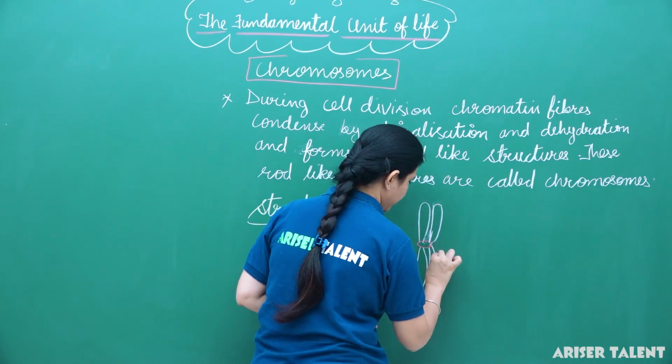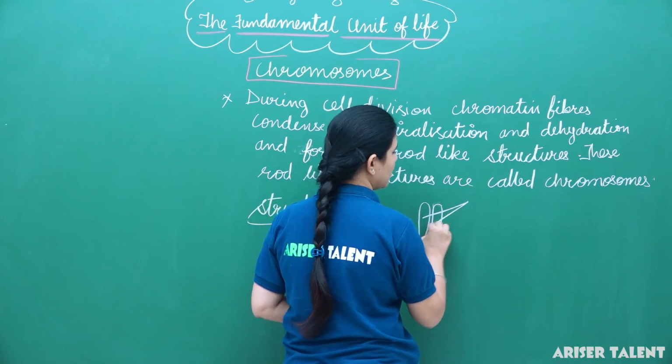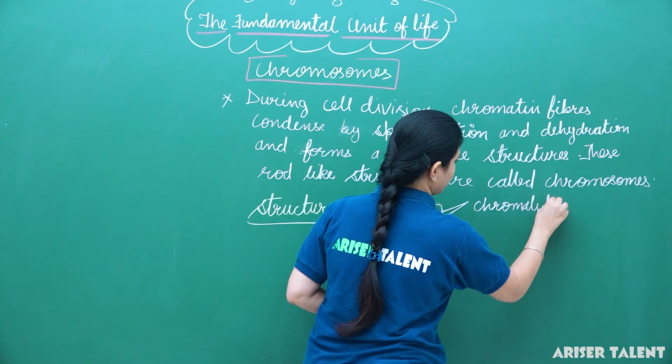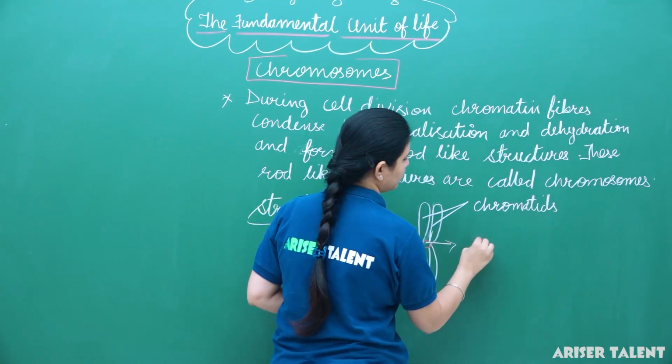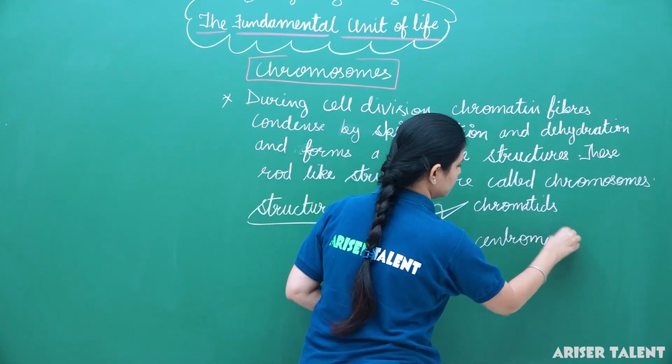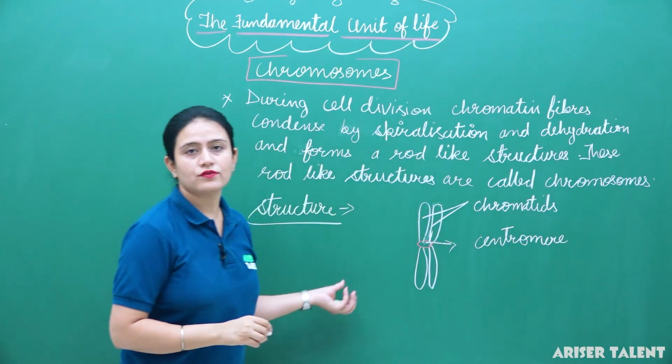These arms are generally equal in size, and these arms are known as chromatids, and this light colored part is known as the centromere. So this is the structure of a chromosome.